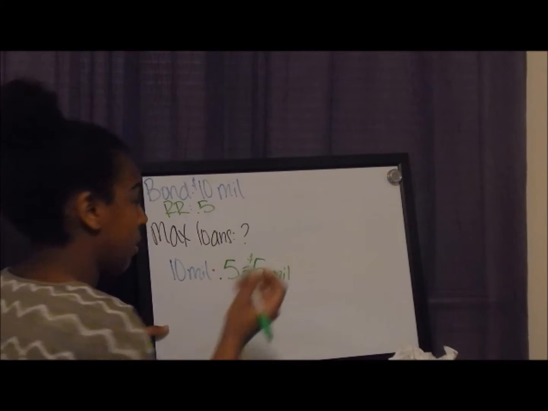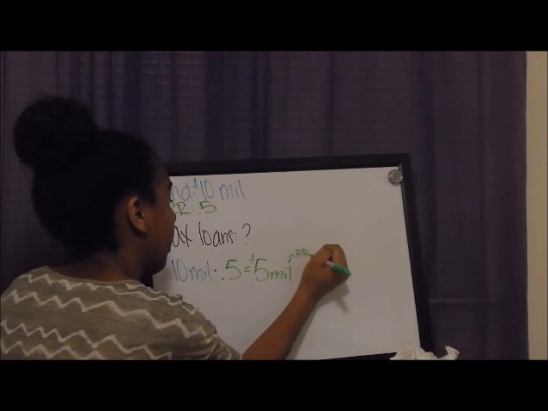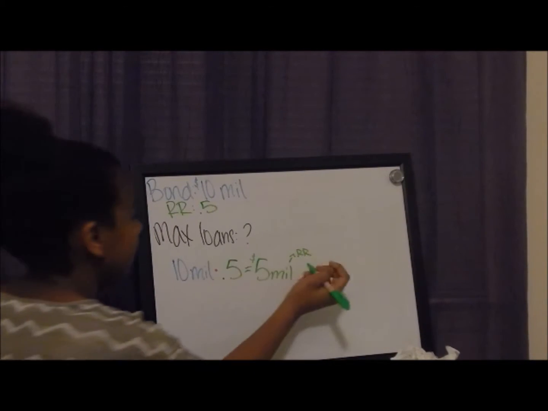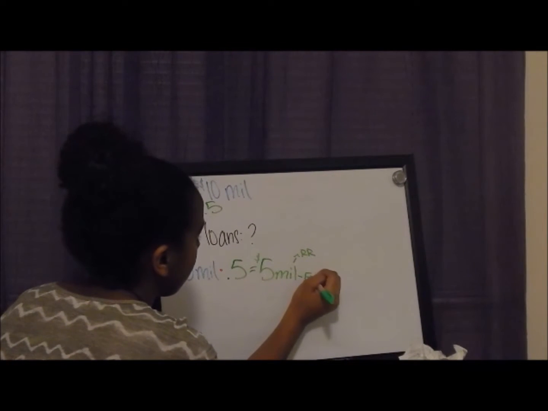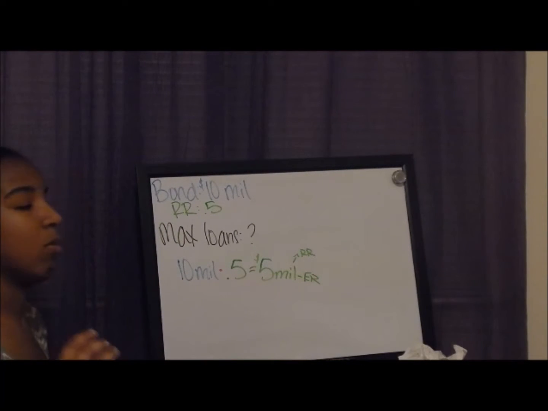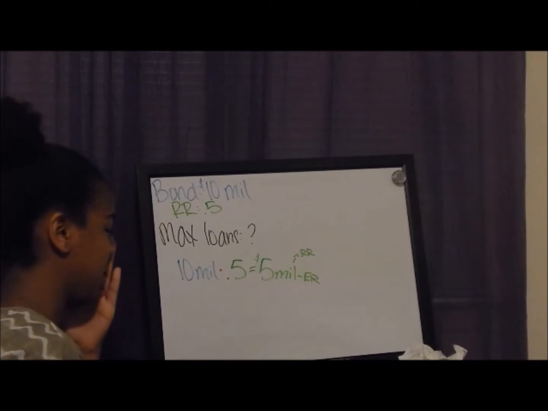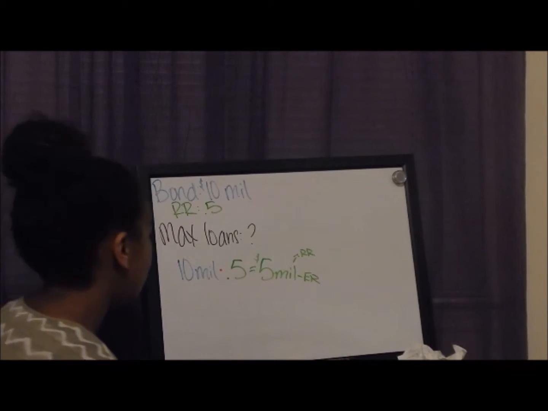And that 5 million, there will be 5 million that go into required reserves, which is RR, and excess reserves, which is ER. But that is only if you're making one loan of 5 million.